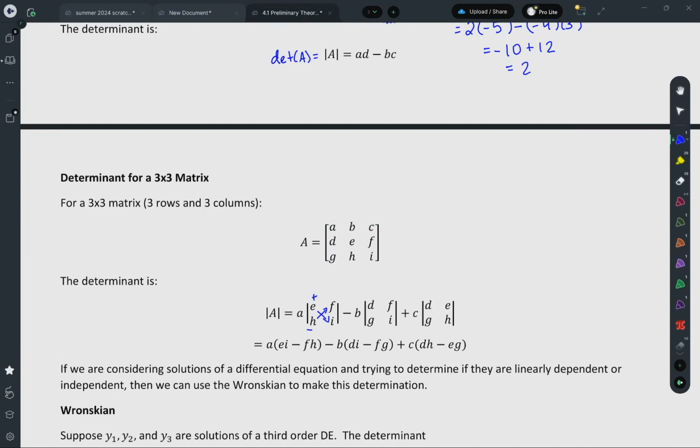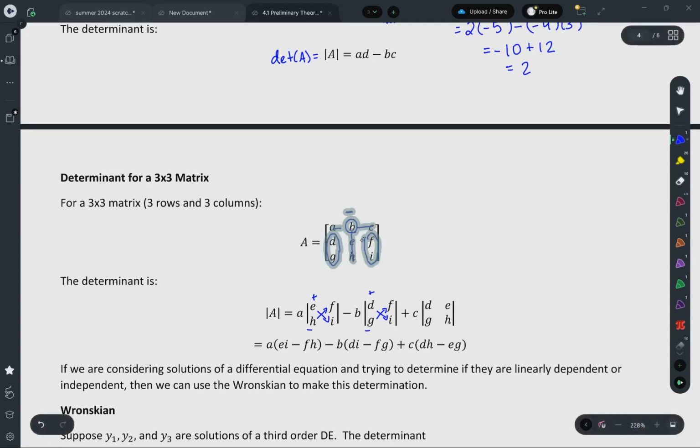Once I have dealt with A, I move on to B. Circle B, cross out the row and column that B is in, and put a minus sign. We always alternate signs. So we get minus B times the determinant of the elements that are left behind, which are D, F, G, I. We stick those into a 2 by 2 determinant, and then we calculate that diagonal product.